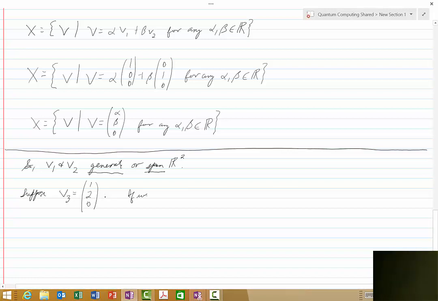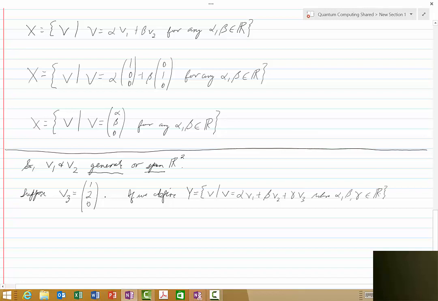If we define a set y to be the set of all vectors v such that v is equal to alpha v1 plus beta v2 plus gamma v3, where alpha, beta, and gamma are any real numbers.